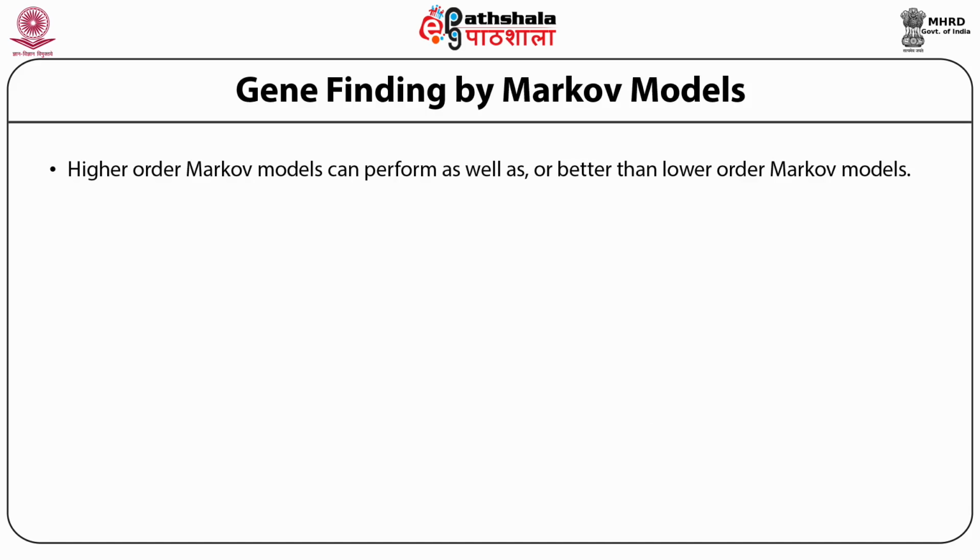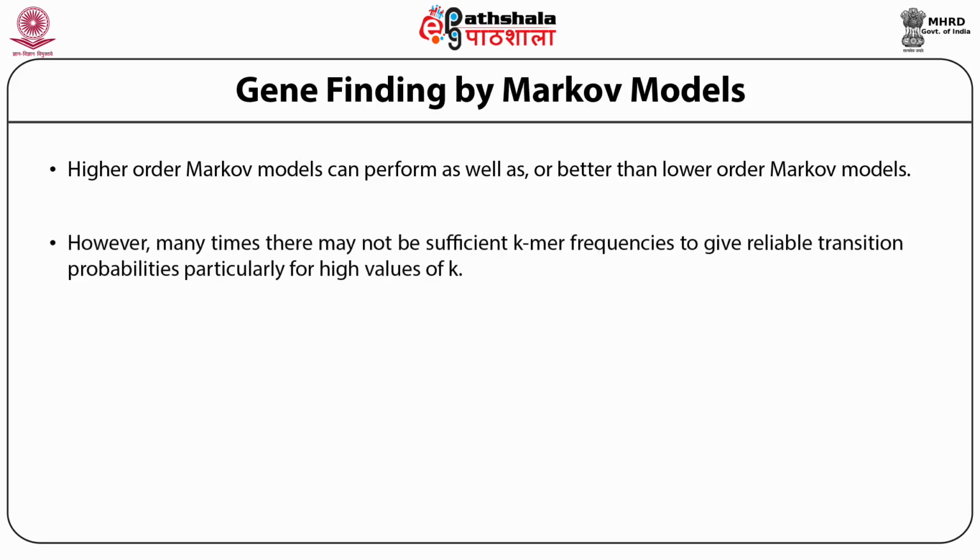That is, any model which works at, say, 5th order frequencies generally performs better than 4th order, 3rd order or 2nd order. However, if your training set from which you are obtaining the frequencies, the probabilities, is not large enough, then you cannot reliably create a high order Markov model.